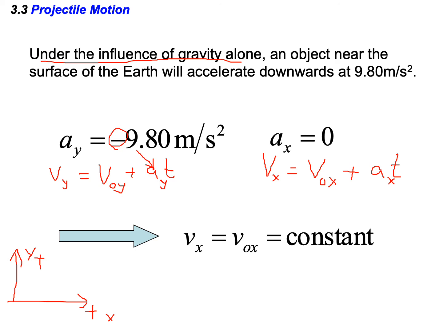So if there is no air resistance, you can consider there is no acceleration along x direction. So therefore this term becomes 0. So the final speed along x direction of an object under the influence of gravity, there is no acceleration, and therefore its x speed before or after remains the same, because there is no acceleration.